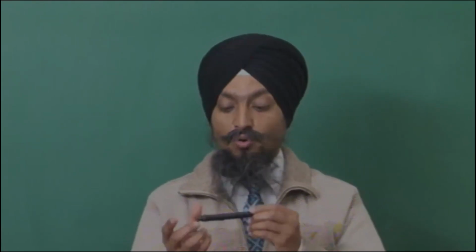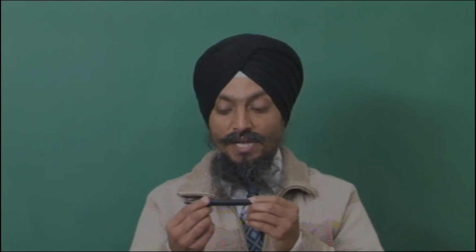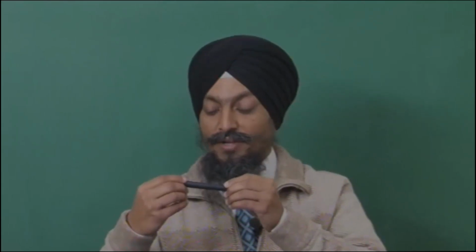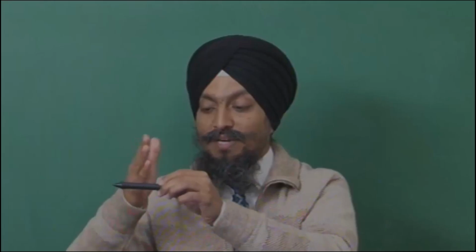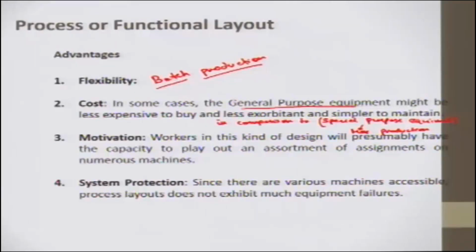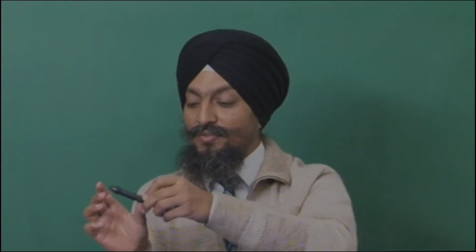And a special purpose machine is, for example, the bolt maker. It will just take the round rod as its input. It will first form the rod into a hexagonal shape after passing it through certain passes, and after that it will cut that rod. So this hexagonal bar would be cut according to the size of the bolt required. Then the machining would be carried out, turning would be carried out, and after turning the threading would be carried out. The mechanical people would more appreciate this process. So these are known as special purpose equipment.